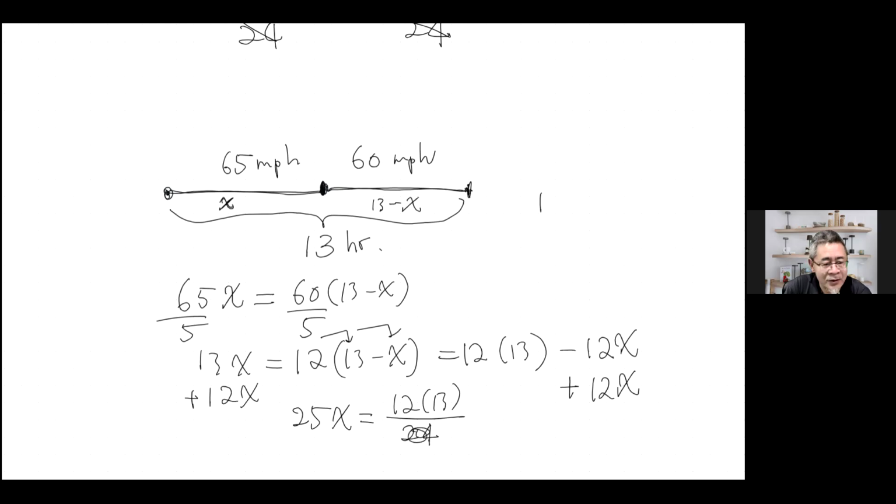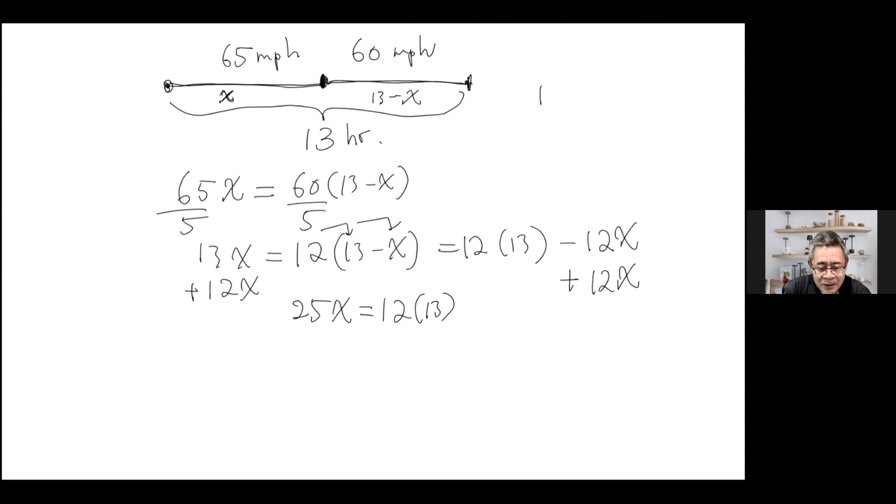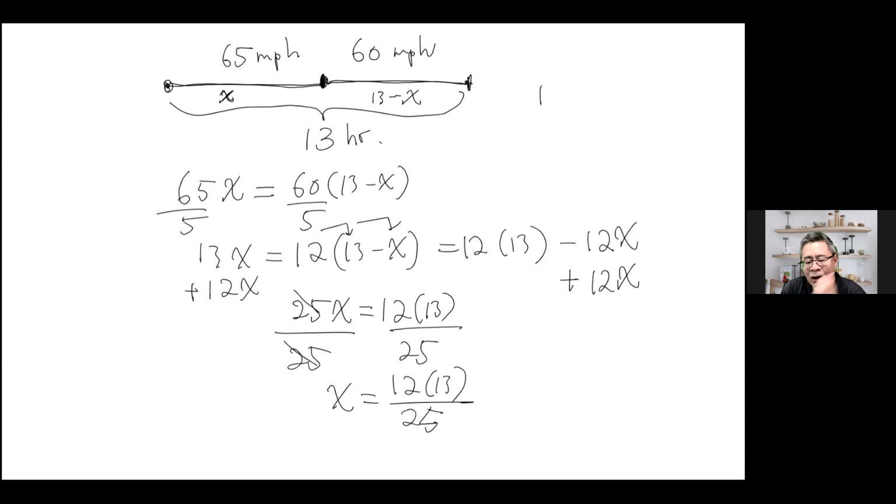25x equals 12 times 13. And then, of course, we can just divide by 25 on both sides, and that cancels. So x is 12 times 13 over 25. Now, we can do 12 times 13 divided by 25, or we can play this trick.